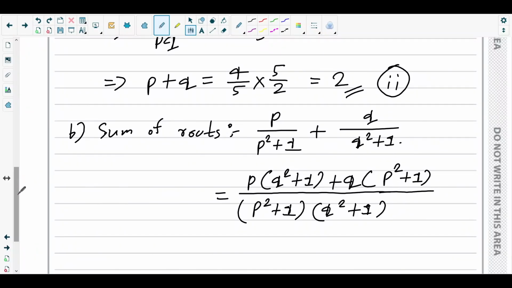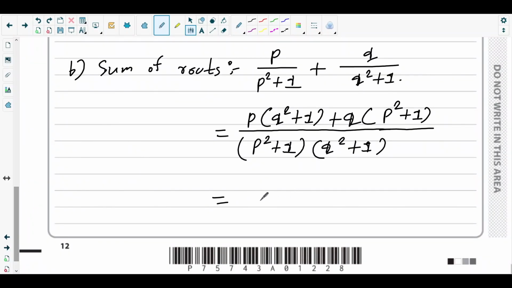Now expand the numerator and the denominator. In the denominator you get p squared q squared plus p squared plus q squared plus 1.